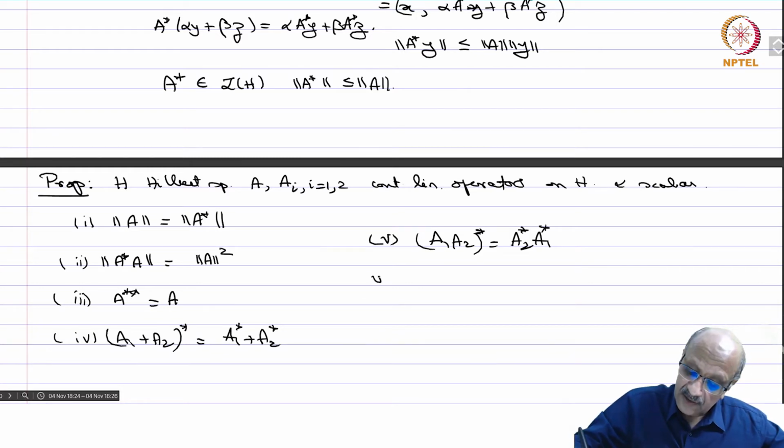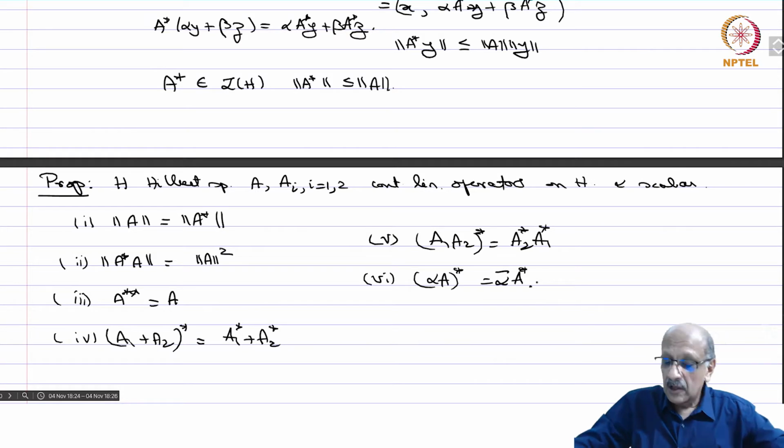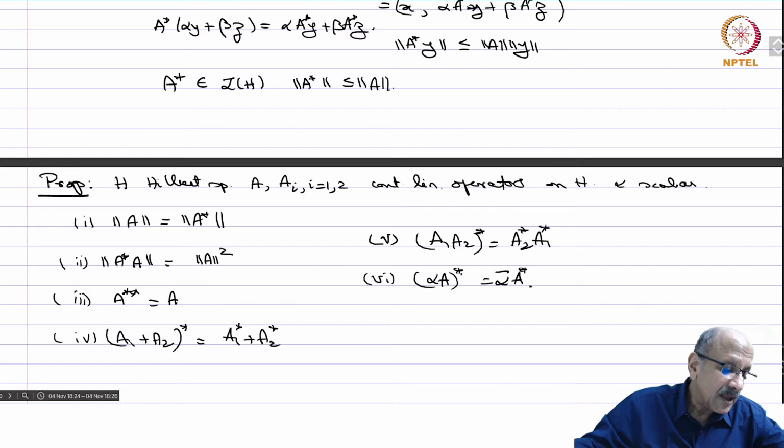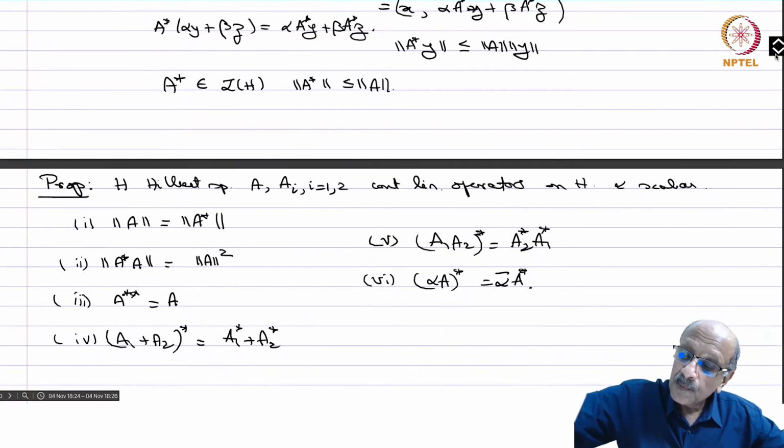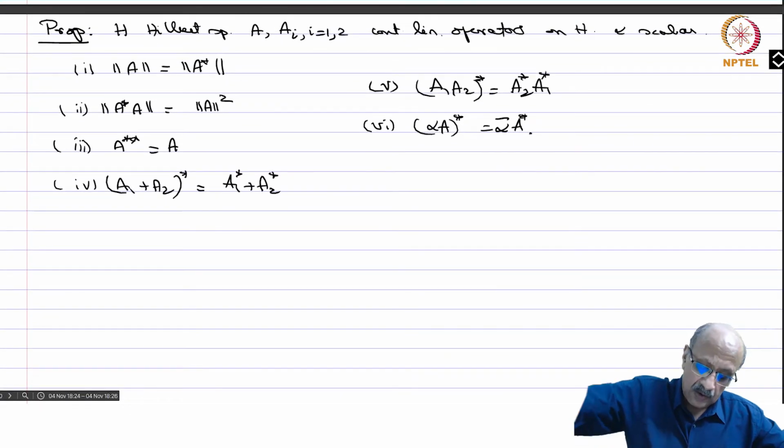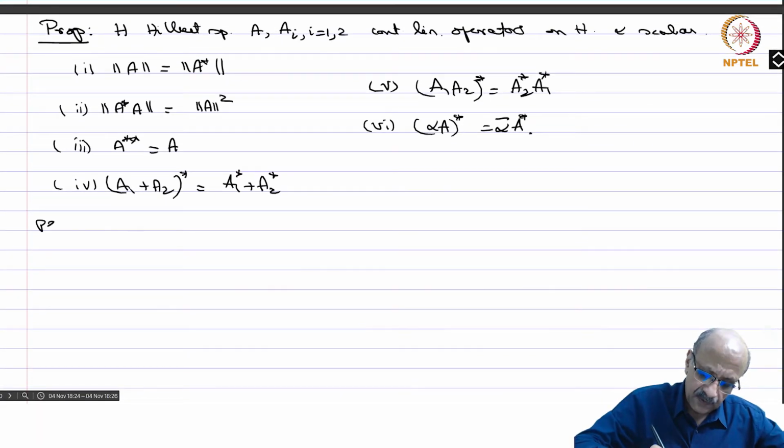And finally 6, (alpha A) star equals alpha bar A star. So if you have a real scalar, then the conjugate won't appear, it will just be alpha times A star. Okay, so let us prove this proposition. This lists all the important properties.